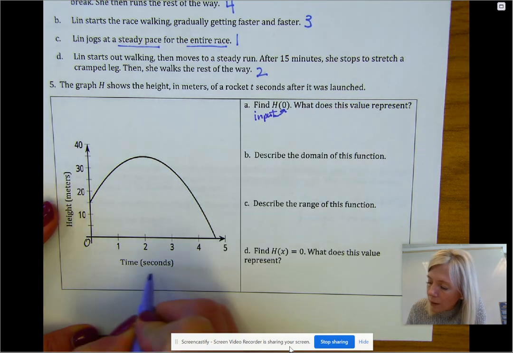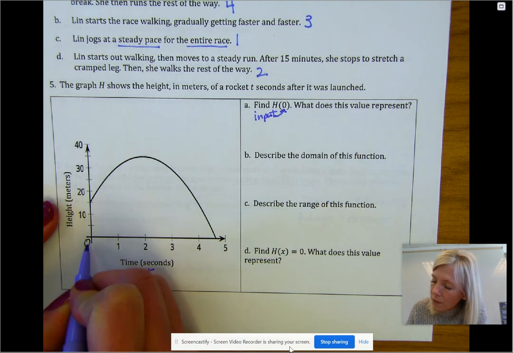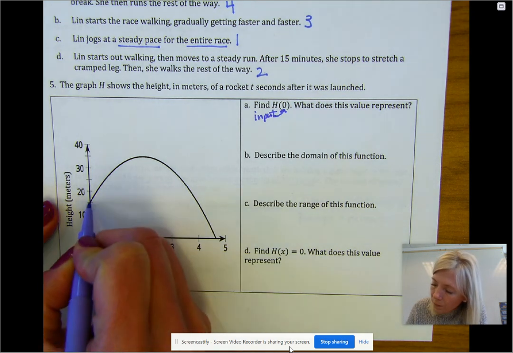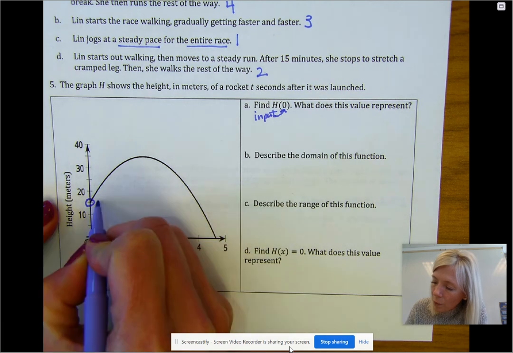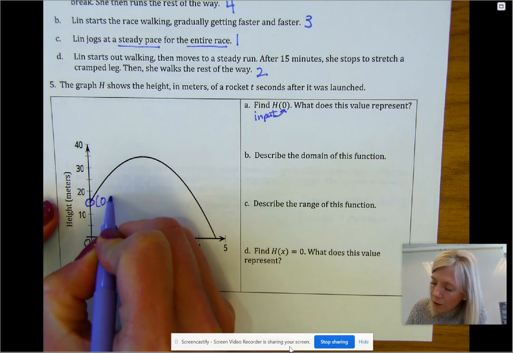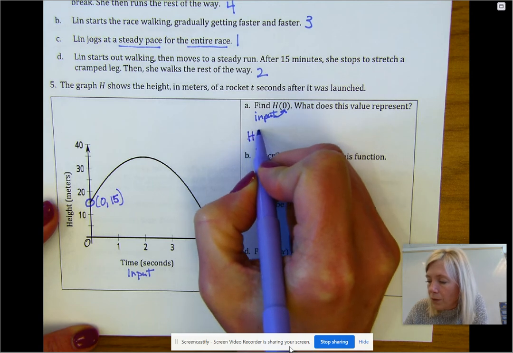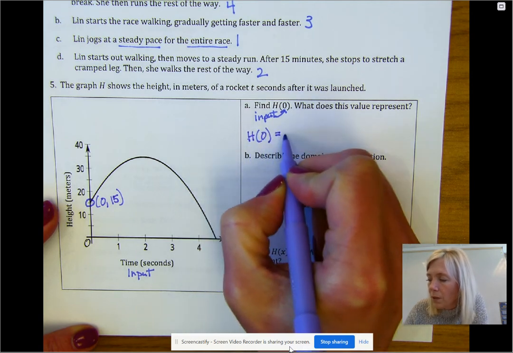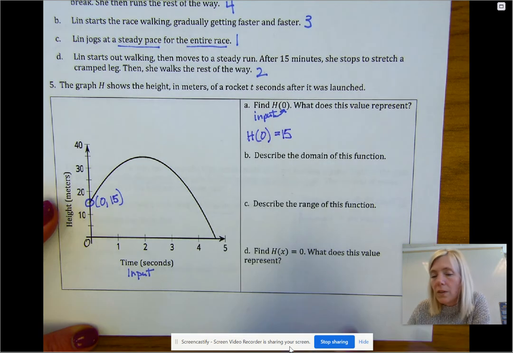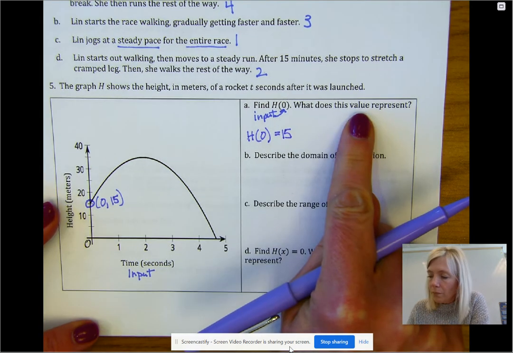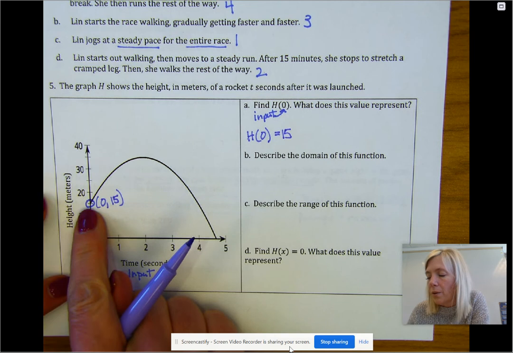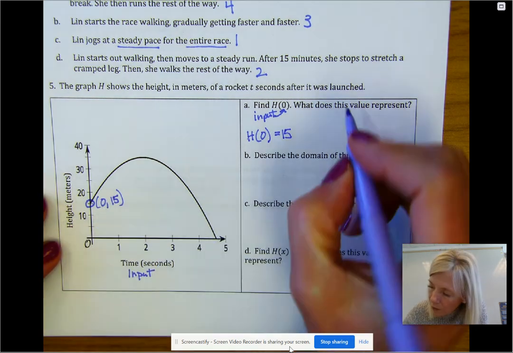Okay, time is the input. So when time is 0, right here. So this is the point 0, 15, which means h of 0 equals 15.